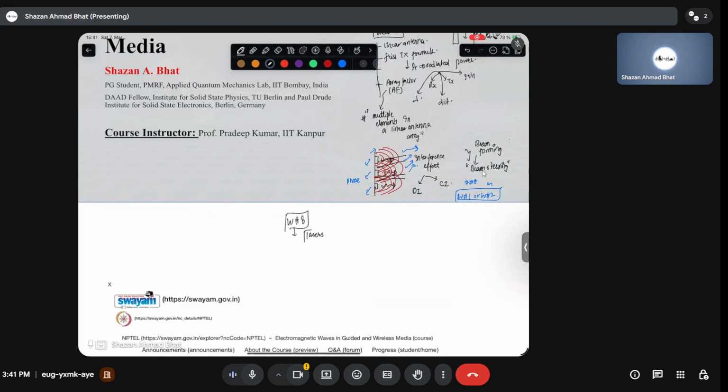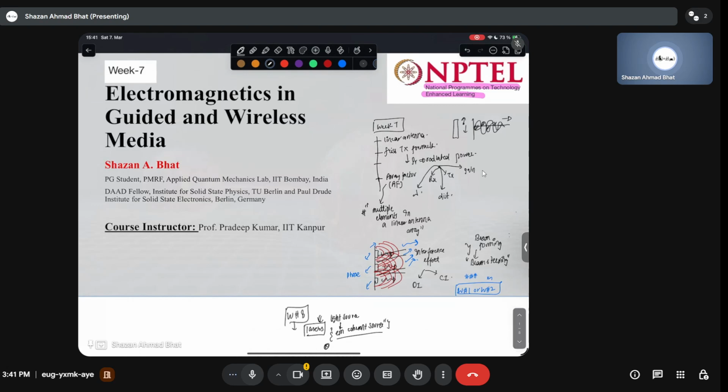I guess it's about lasers, which is basically a light source, but it is an electromagnetic wave, a coherent light source. We'll also be talking about diffraction, and essentially that will be an important week. So if you have any questions, you can just stay. Otherwise, we are pretty much done for this session.